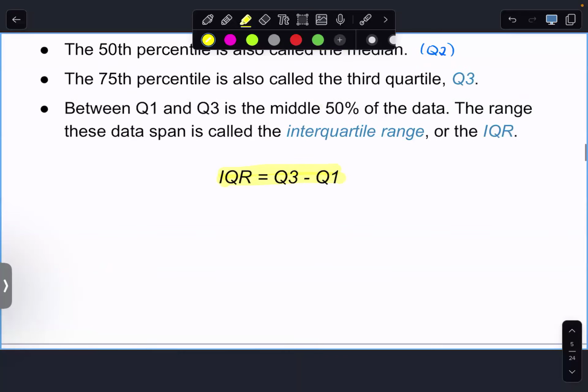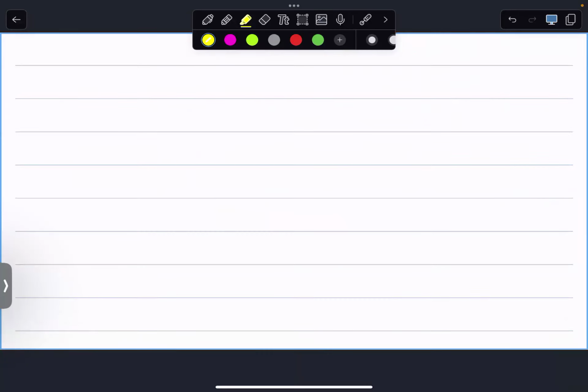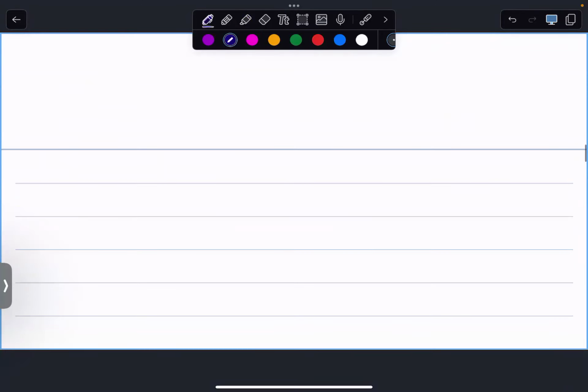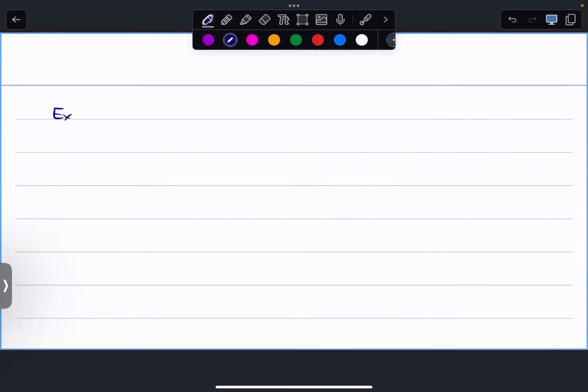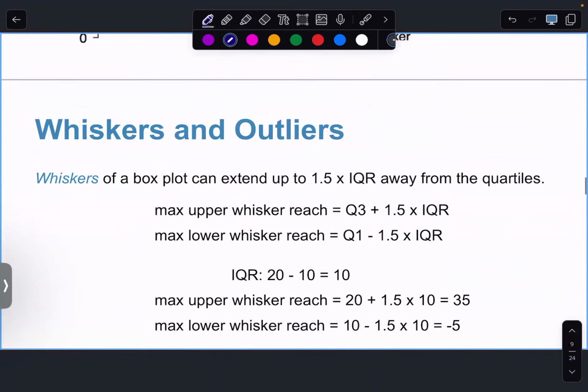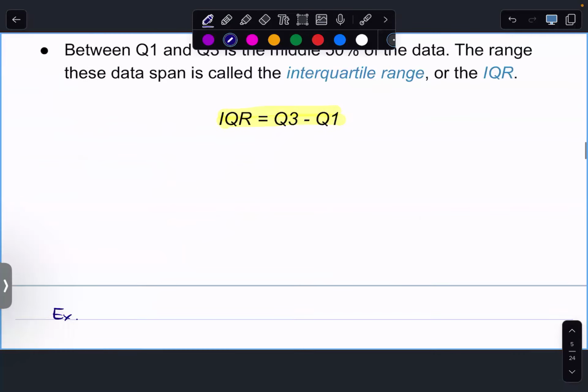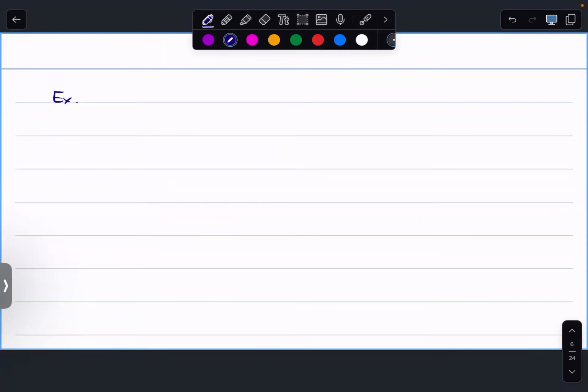Good. Oh, I want to add something here. I'm gonna go rogue here for a sec, just because I want to show you an example. Let me scroll ahead and make sure I don't have one lined up, but I don't think I do. Box plots, whiskers, no. Maybe not an example.